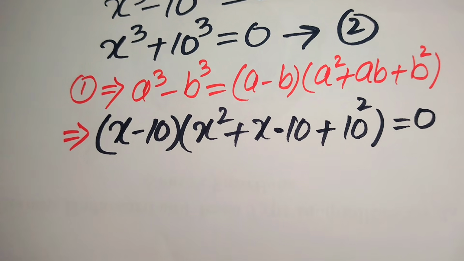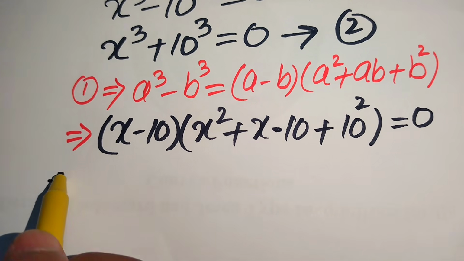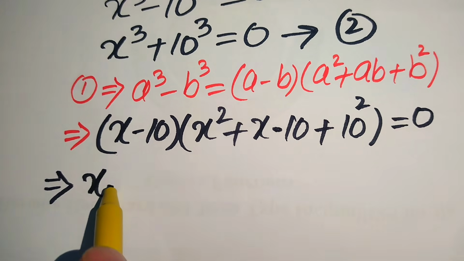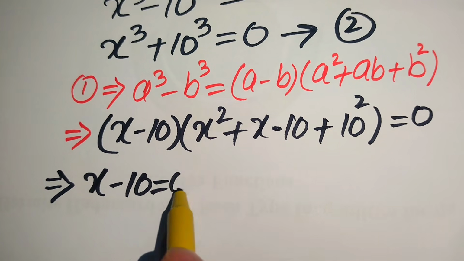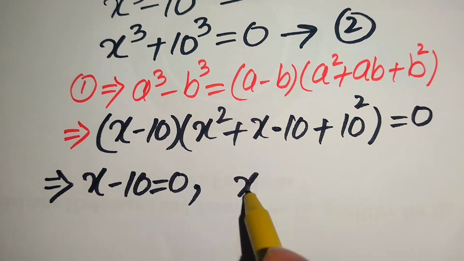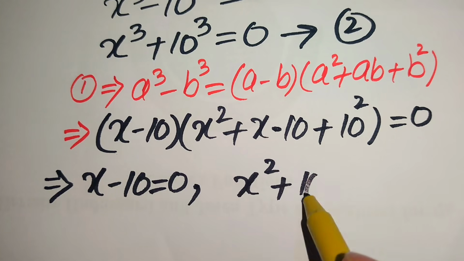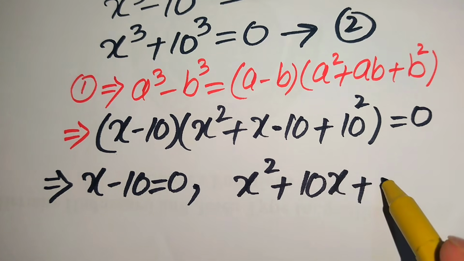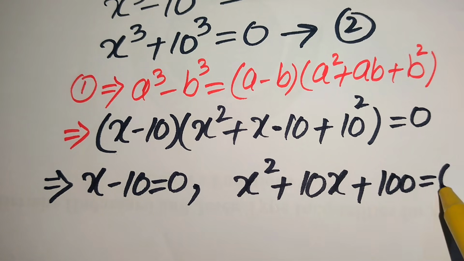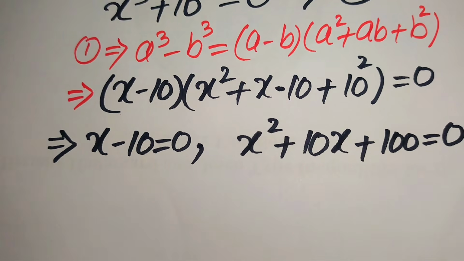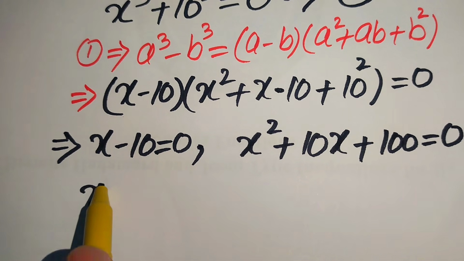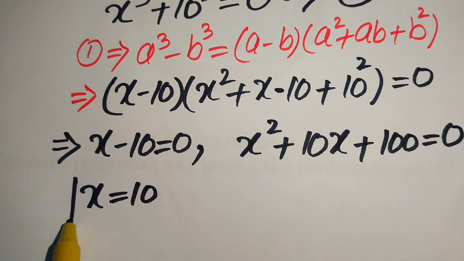Here we need more simplification for the values of x, so we divide this into two cases. The first case is x - 10 = 0, and the second case is x^2 + 10x + 10^2, which becomes 100, equal to 0. From the first case, we easily get the value x = 10.